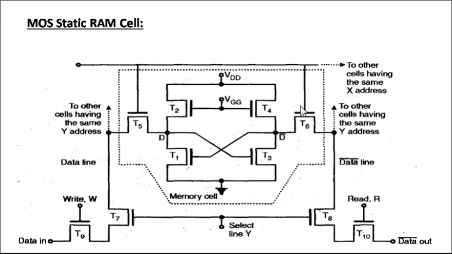Here is the X line and this is Y. When X and Y both are high, the cell is selected. When X equal to 1, T5 and T6 are on, and the cell is connected to the data line and data line bar.